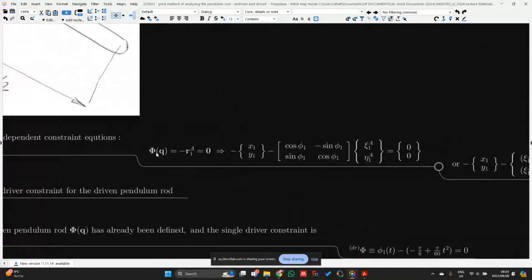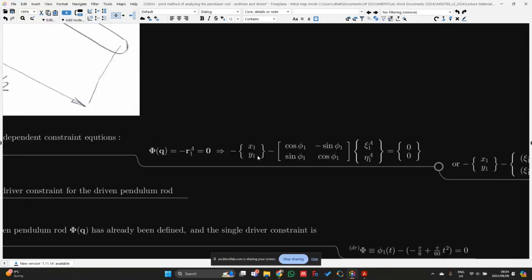This is this phi q that we have over here, which is equal to minus R1A. Something I want to point out is the calculation of this R1A, in other words, the global location of point A on body 1.